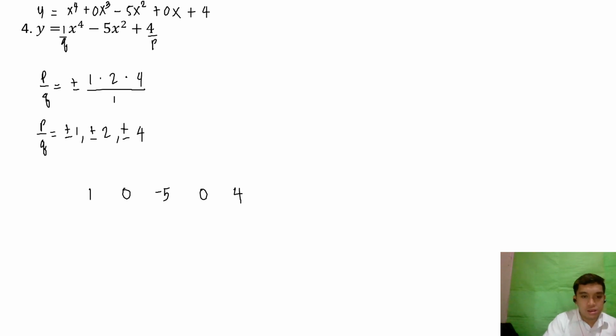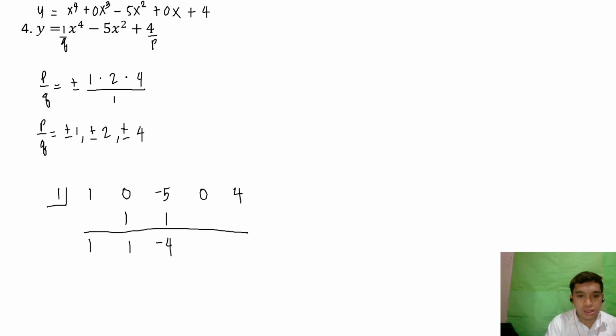Okay? So, gamitin na natin yung ating mga possible roots. Okay, so gamitin natin yung positive 1 muna. Ayan. So, i-divide na natin. Bring down 1. 1 times 1 is 1. 0 plus 1 is 1. 1 times 1, 1. Negative 5 plus 1 is negative 4.